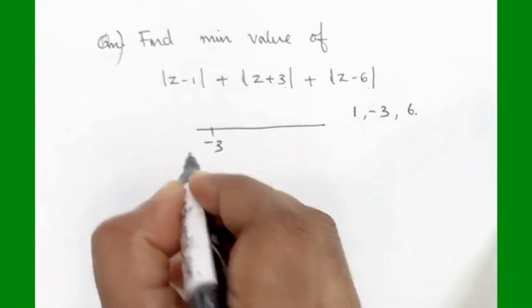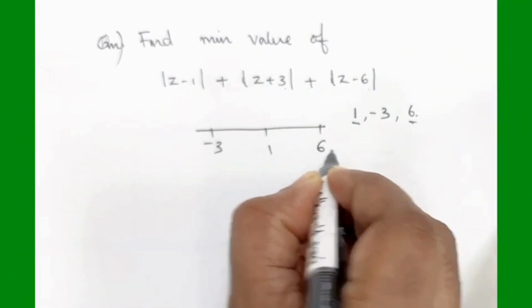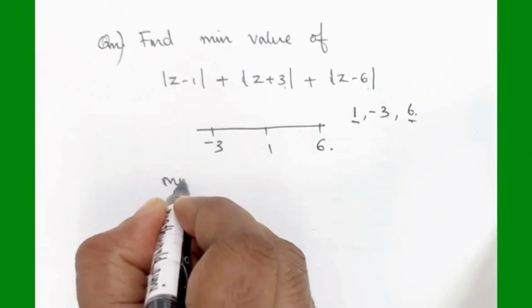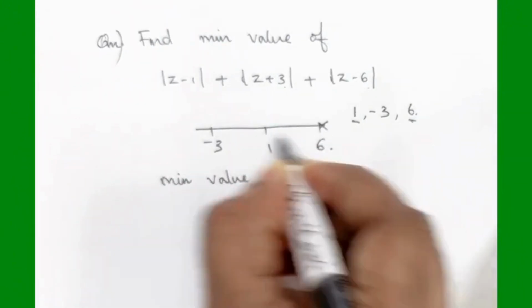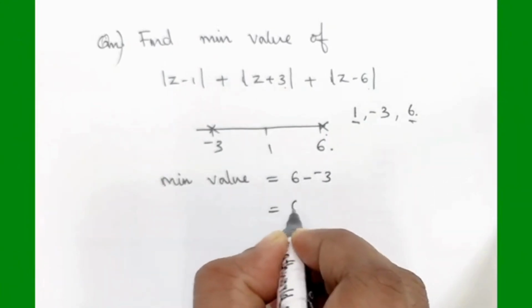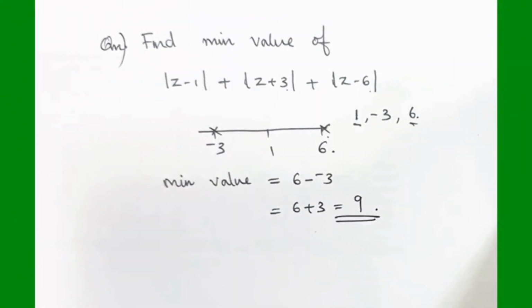Minus 3 comes first, then comes 1, then the last number 6. Now find b minus a. Here the starting point is negative 3. So the minimum value is equal to 6 minus negative 3, that's equal to 6 plus 3. 6 plus 3 is equal to 9. 9 will be the minimum value.